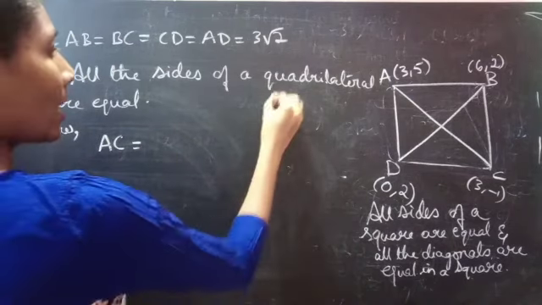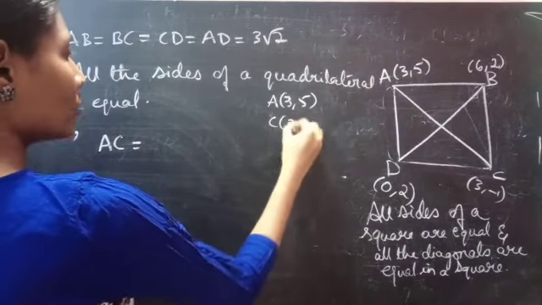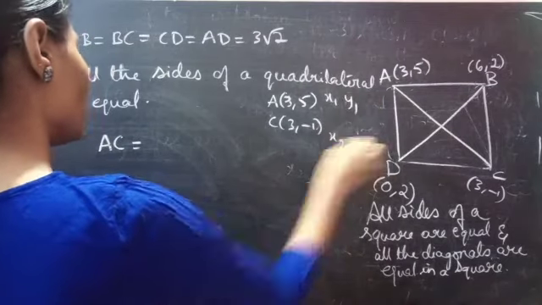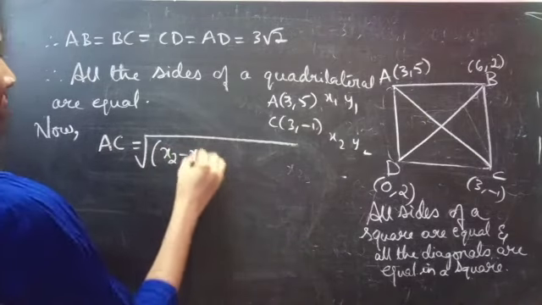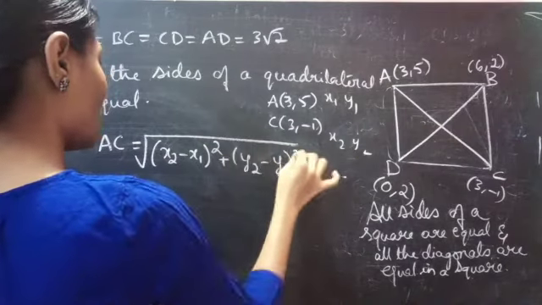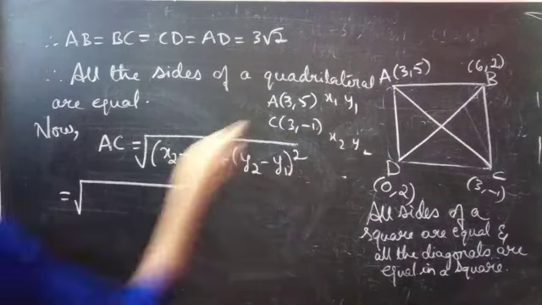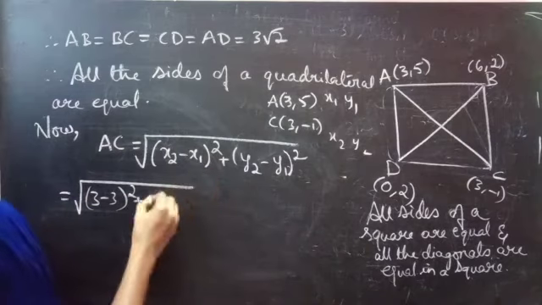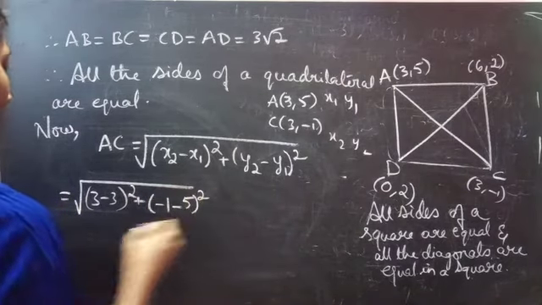So you're having A 3, 5 and C 3, minus 1. X1, Y1, X2, Y2. So AC equals the square root of (X2 minus X1) whole square plus (Y2 minus Y1) whole square. So this is equal to the square root of (3 minus 3) whole square plus (minus 1 minus 5) whole square.